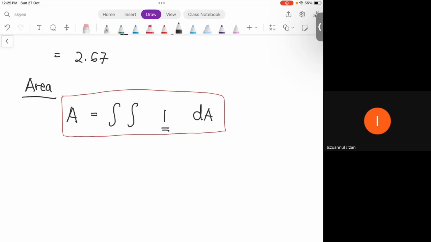The dA here depends on whether you are applying the horizontal strip or vertical strip technique, so it can be dy dx or dx dy.